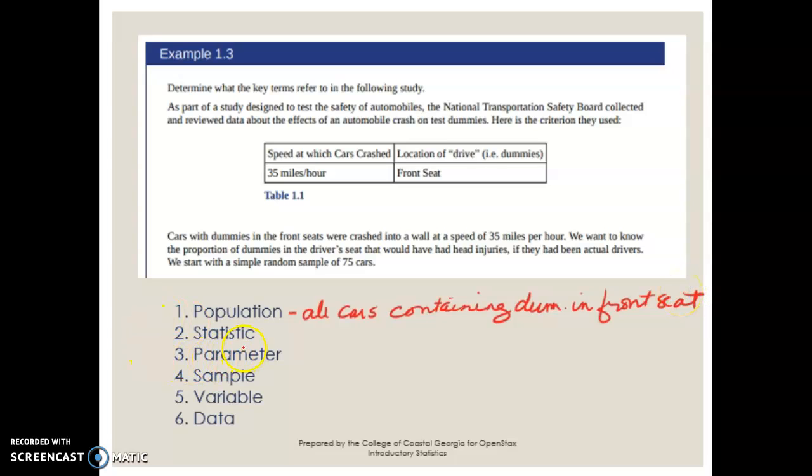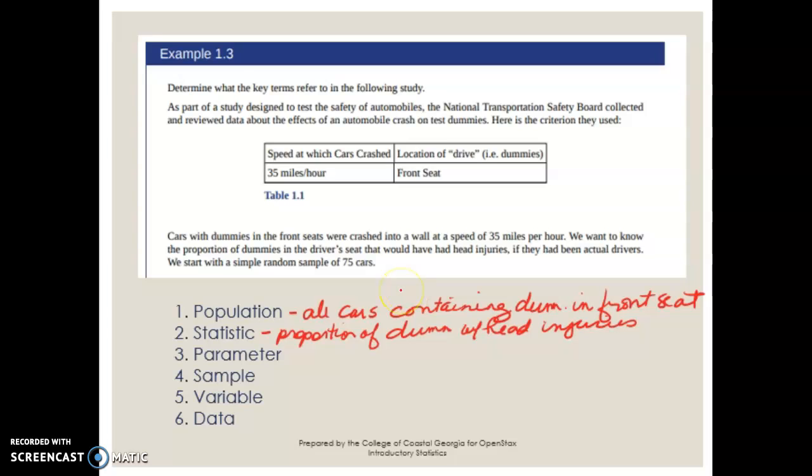Got sample and statistics reversed, but that's all right. The statistic is the proportion of dummies that would have had head injuries.